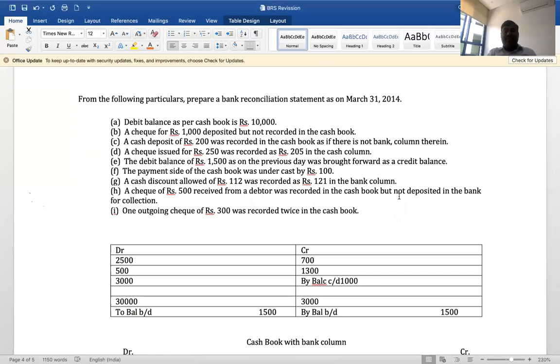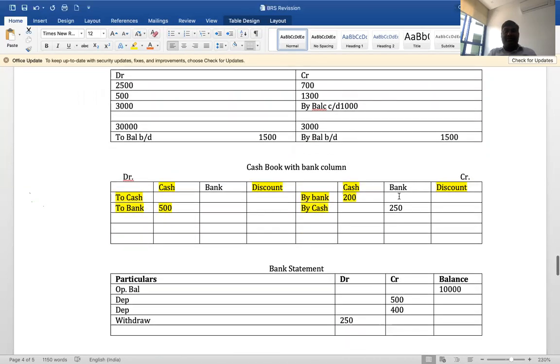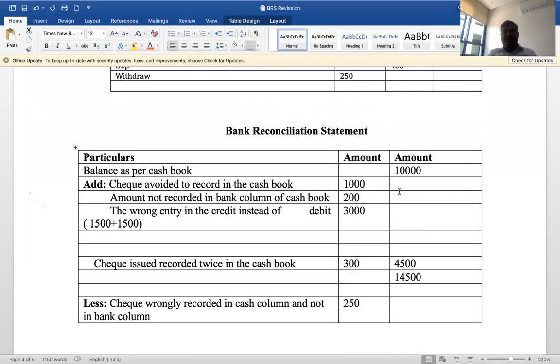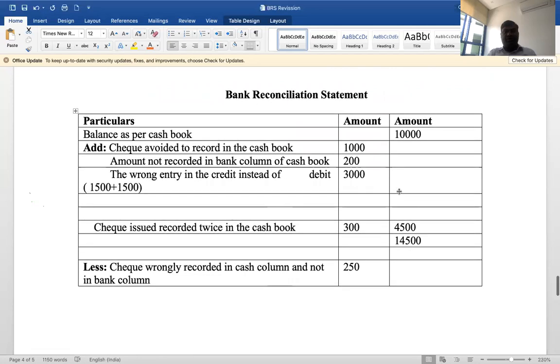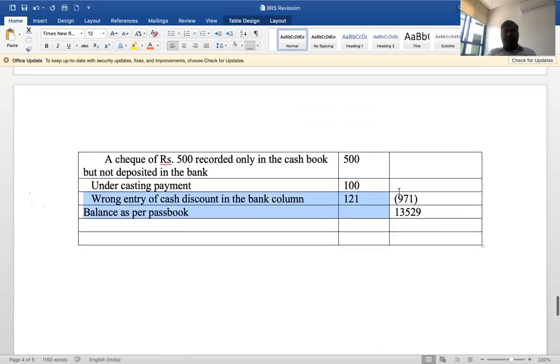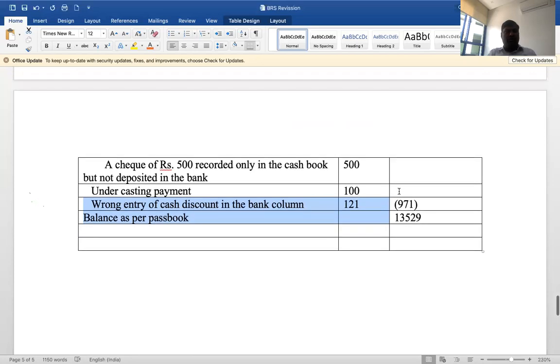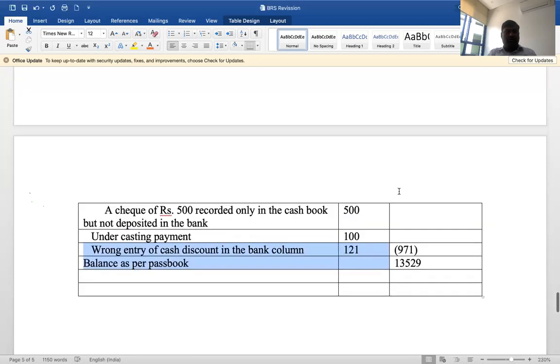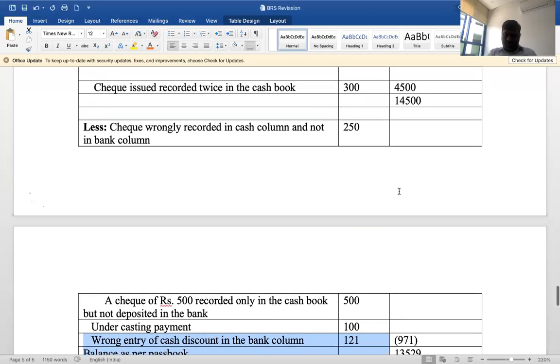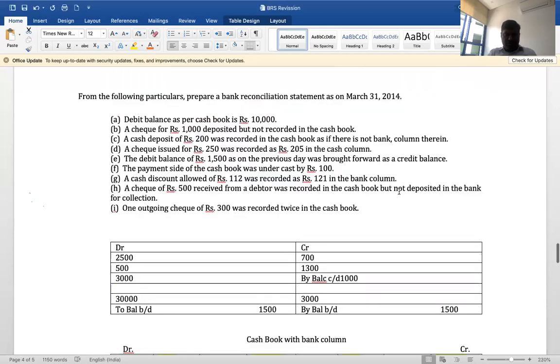So we will subtract it. It is added in the cash book but not deposited in the bank. The passbook balance is less, so reduce it from the cash book. Done. Deducted.